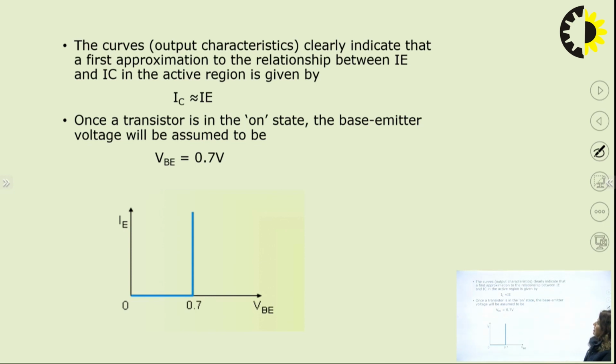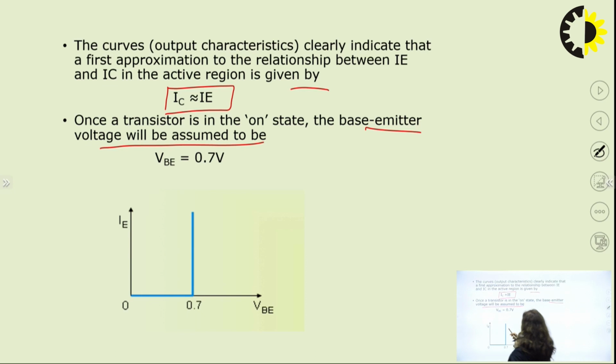Next, the output characteristic curve clearly indicates a first approximation to the relationship between IE and IC in the active region, which is given by IC is equivalent to IE. Once a transistor is in the on state, the base emitter voltage is assumed to be around 0.7 volts for silicon.